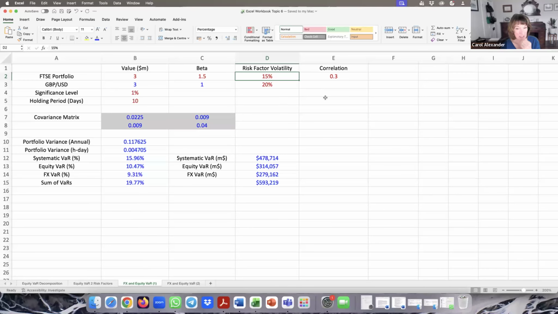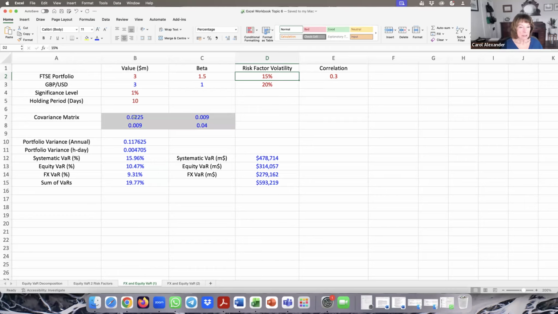Here we've just given risk factor volatilities, which you can change, and a correlation here. All these can be measured on historical data. And if you measure them on daily data, correlation is independent of any unit, but the risk factor volatility, if it's daily data, you'd have to multiply by the square root of 250 to get that as an annual volatility.